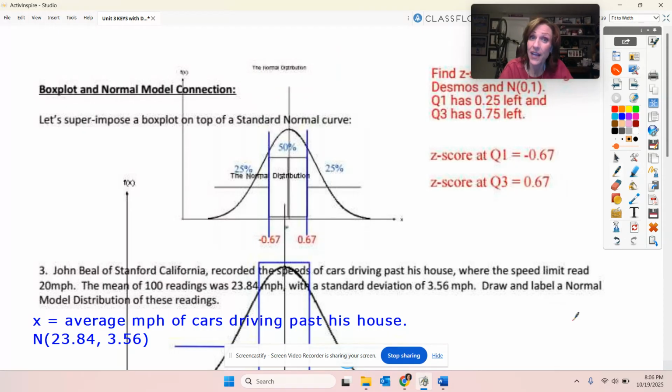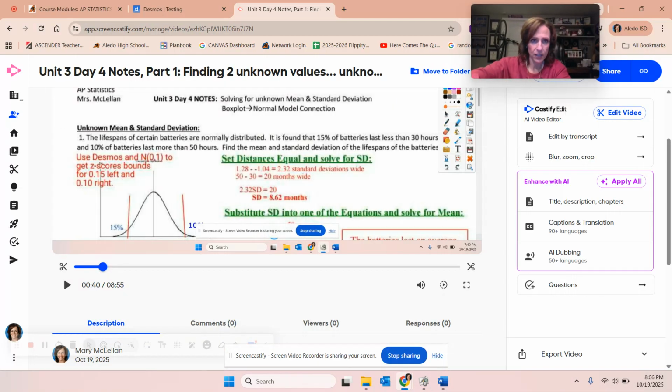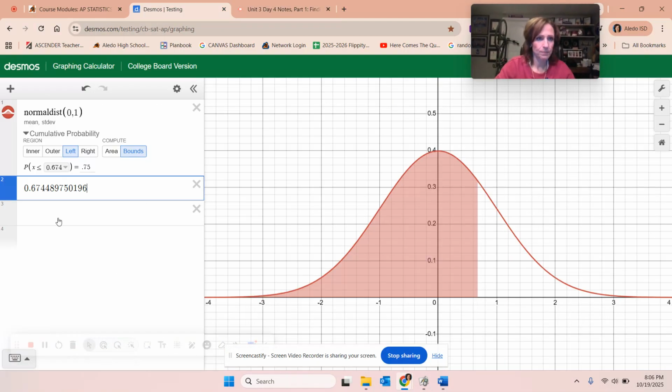So we can actually find exactly how far the 25th percentile is, because Q1 is going to be at that 25th percentile. So let's go Desmos that and do 25% to the left. So that, of course, is going to look like this.